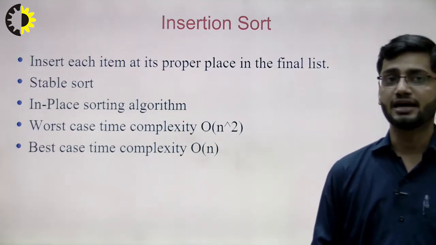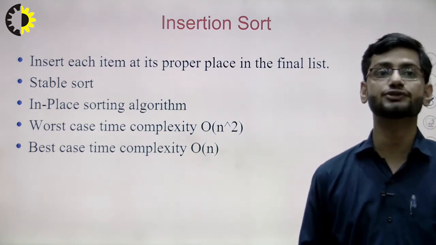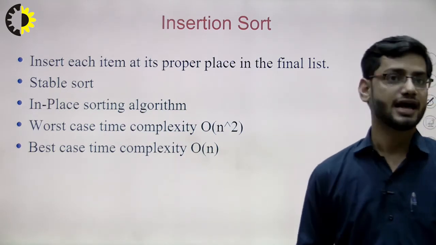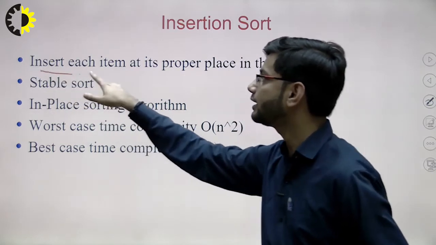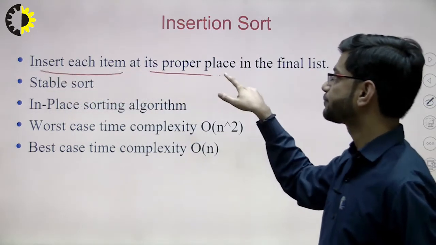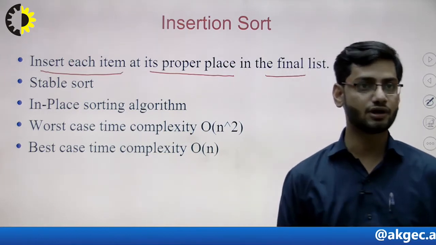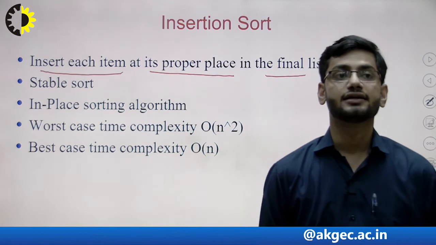Now I am here to discuss the very first algorithm, that is insertion sort. Insertion sort, as the name suggests, inserts a particular item at its proper place in the final list. It is a stable sort. What is stable sort?